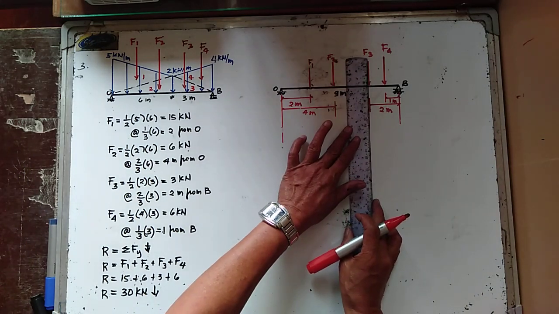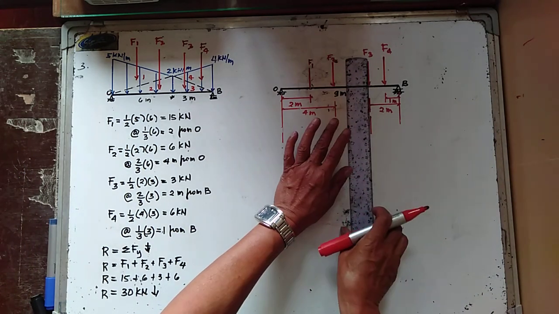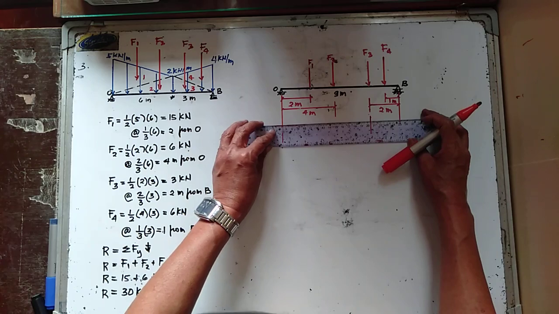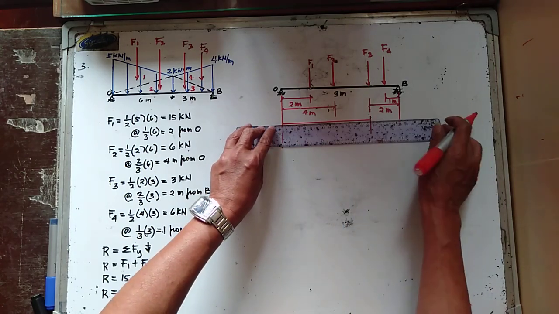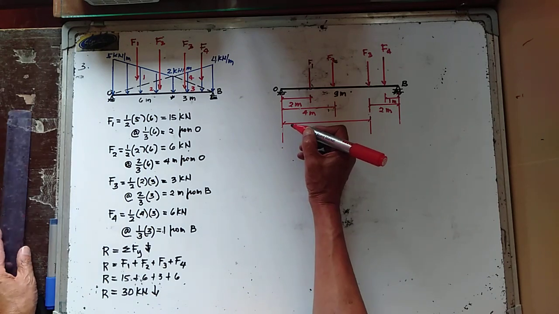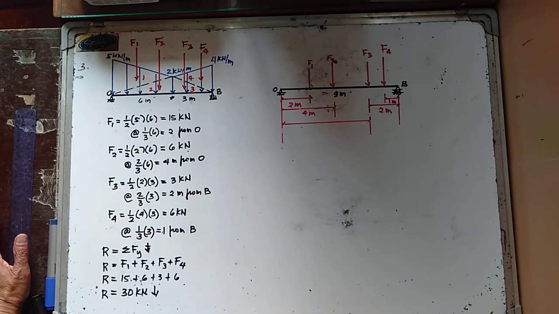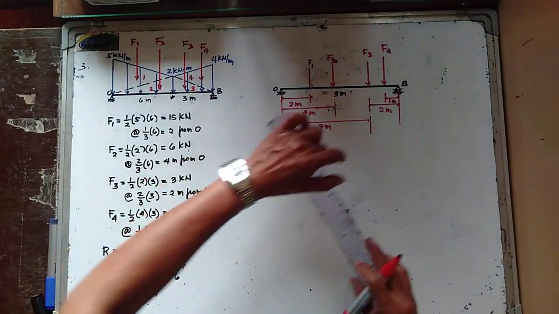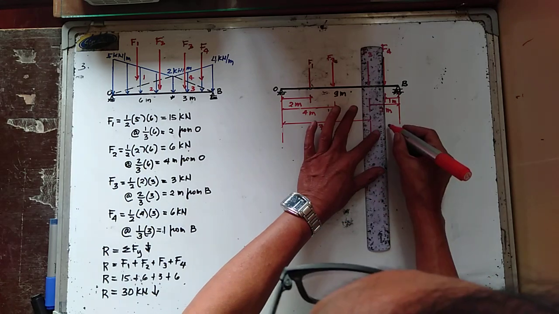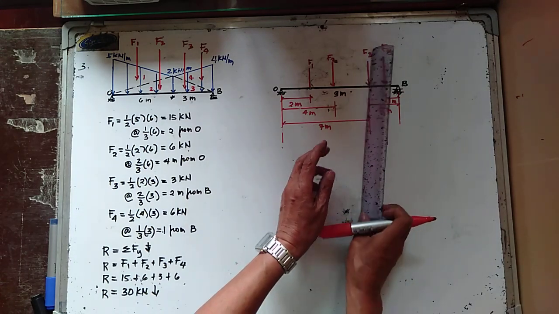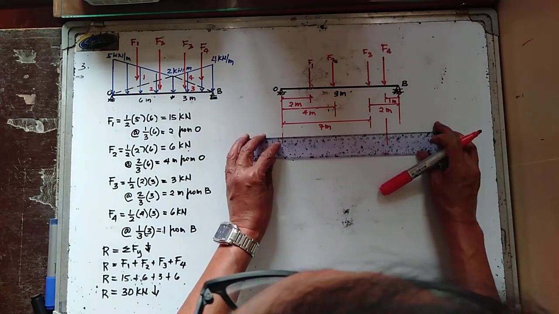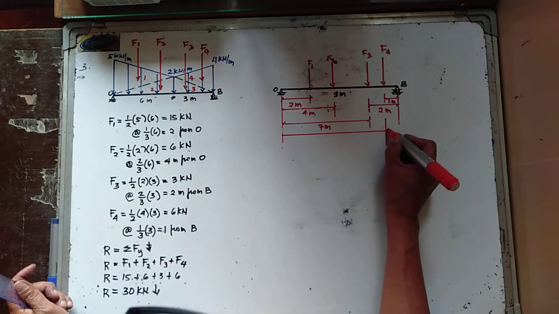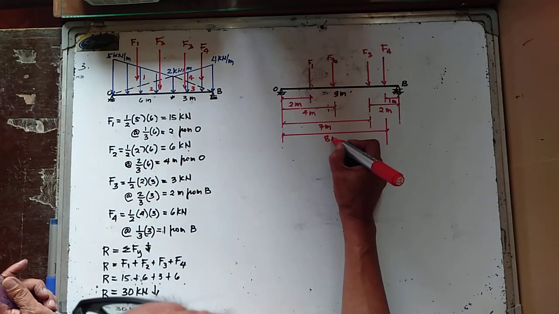Hence, we now have the distance of F3 from point O equal to 9 minus 2, that is equal to 7 meters. And the distance of F4 from point O is now equal to 9 minus 1, or that is equal to 8 meters.